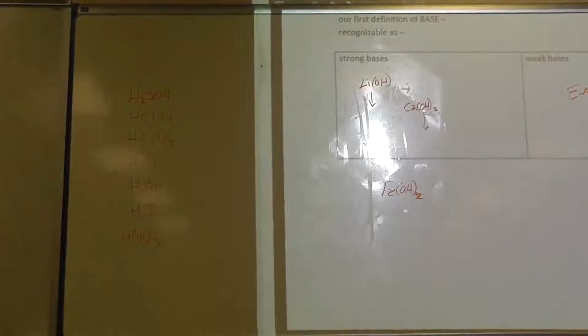These are your only 7 strong acids. If it's not one of these 7 strong acids, it's not a strong acid. So if you give anything else that has hydrogen out in front, what about this? What about HF? Strong or weak?